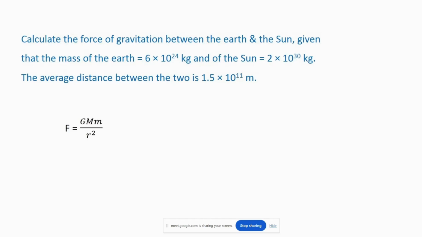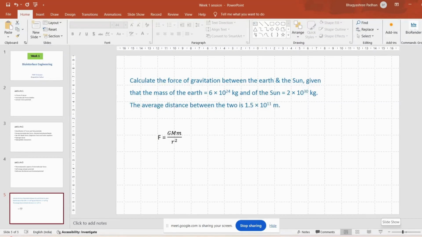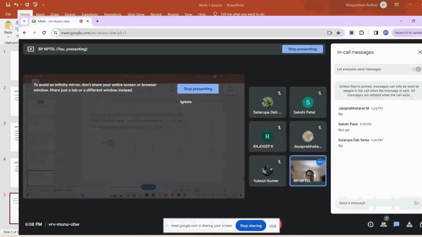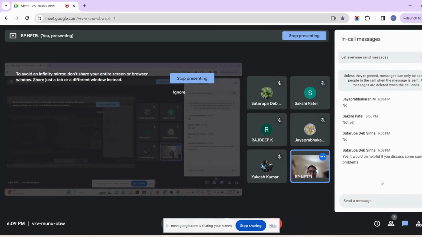Could anyone solve this? Yes, Satrupa, I would try to get some sample problems next time, but today I don't have any except for this one question. I'll try to get more problems for week 3.